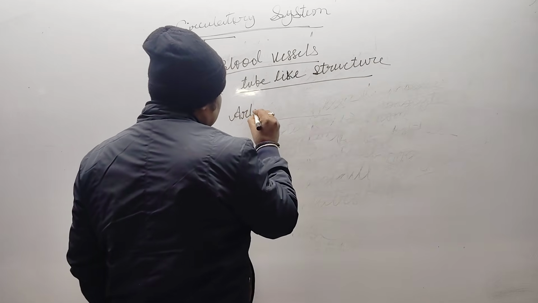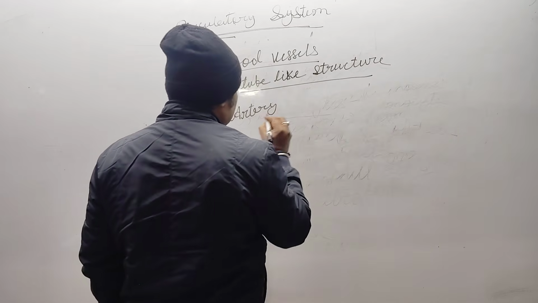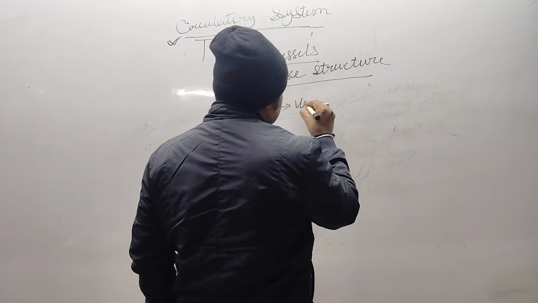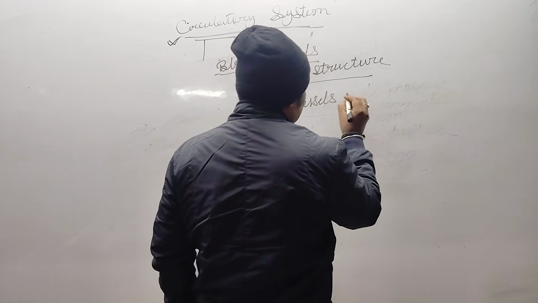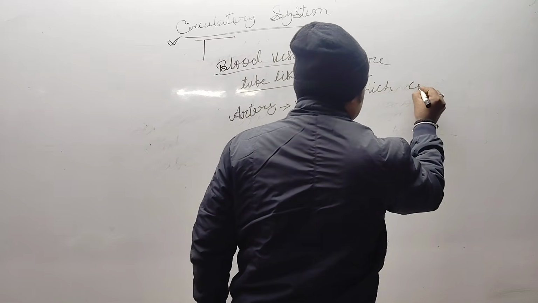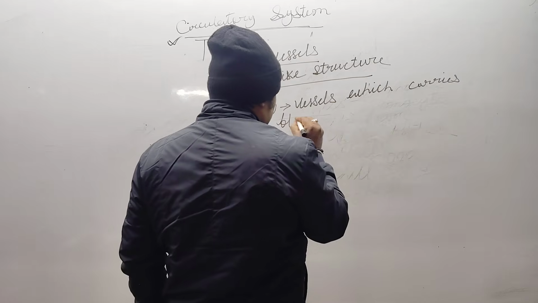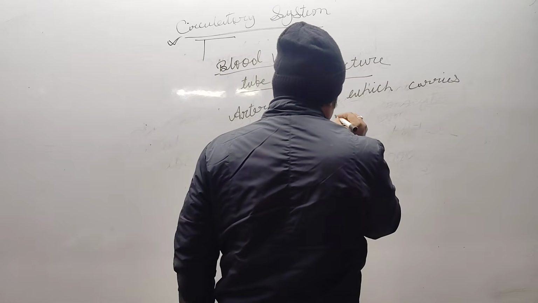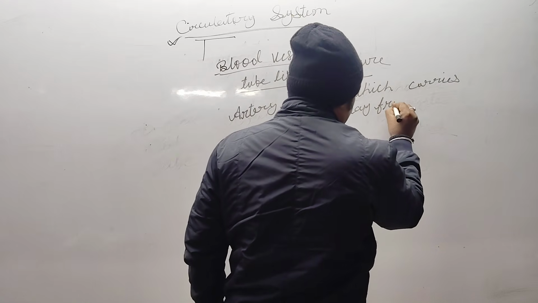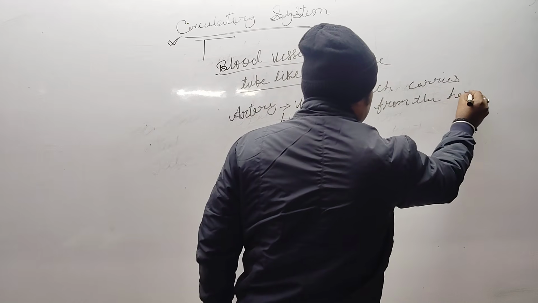The first one is the artery. Arteries are the tube-like structures or vessels which carry blood away from the heart.